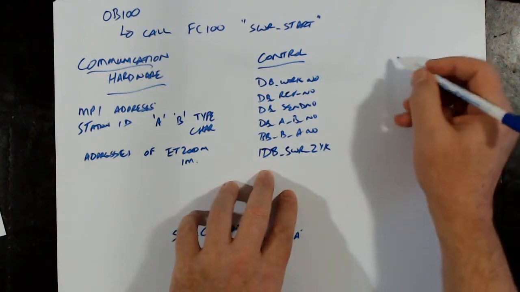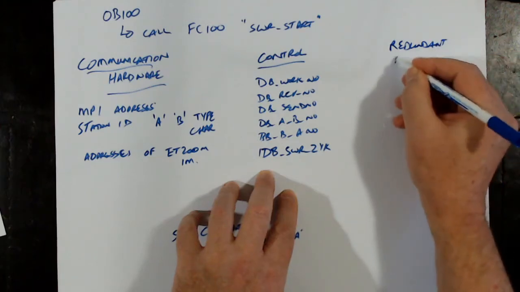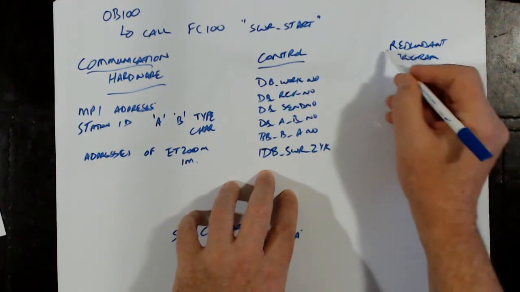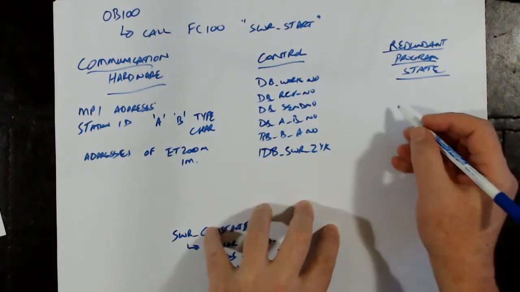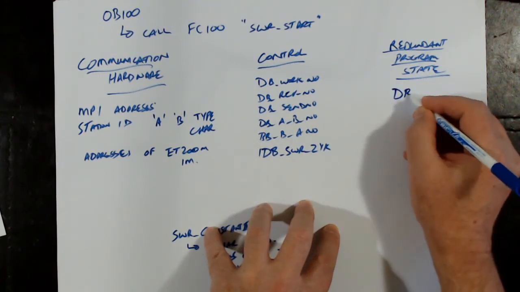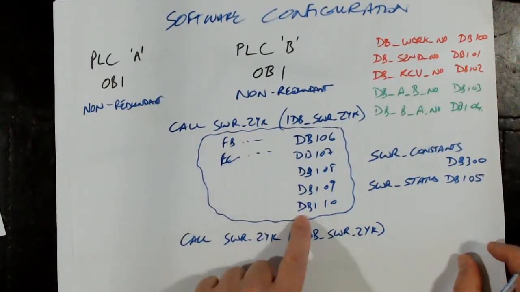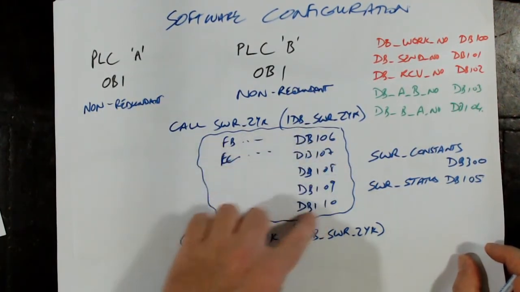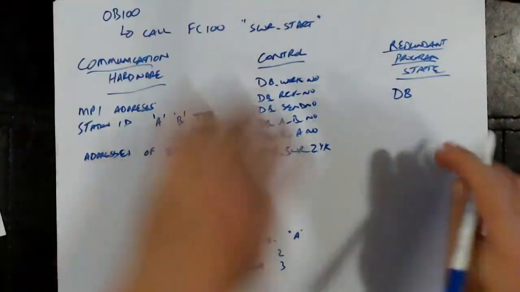Then we've also got the redundant program state. In the redundant program state, we need to know the redundant DBs. Remember all these DBs that we were calling in the redundant program. Our program runs by recording the information and the state of the program in these DBs. So we need to know those DBs.